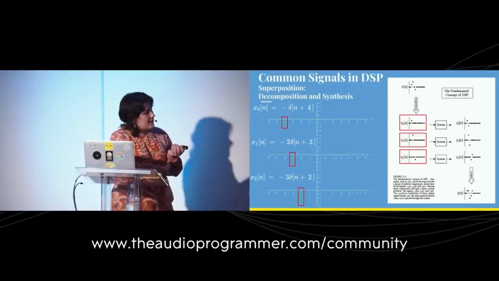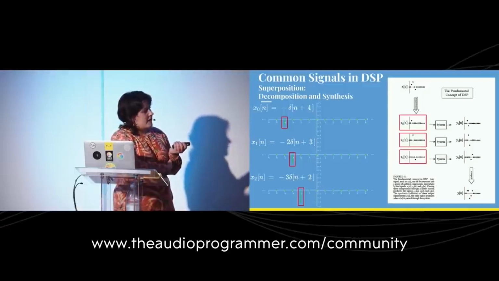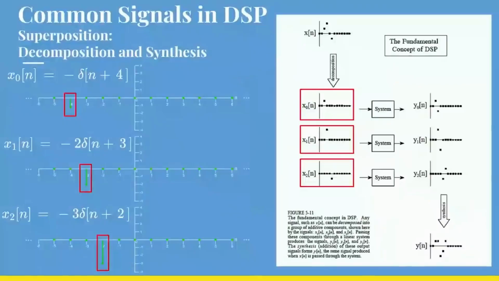And I chose this particular picture because it visually describes quite well how you would decompose a signal into its impulse components, feed them through a system, each time gaining the impulse response for each additive component, and then using synthesis, or plainly adding, add them together to receive an overall output signal.